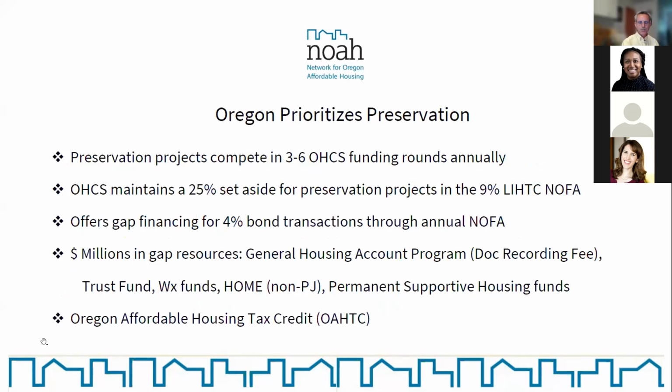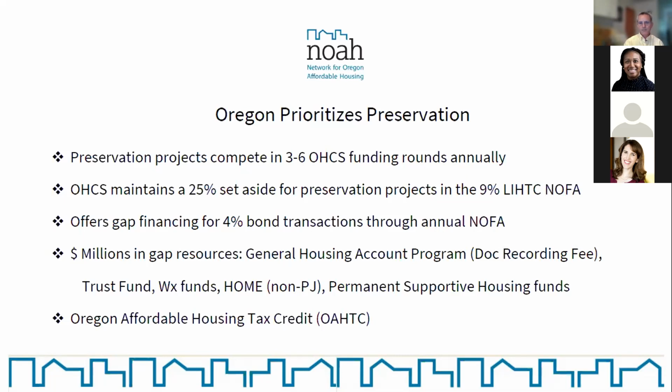Just continuing on, developers in Oregon have a lot of opportunities to secure preservation funding. And so Oregon Housing typically has somewhere between 3 and 6 competitive funding rounds annually that preservation projects can compete in. They maintain a 25% set-aside for preservation projects in the 9% NOFA.